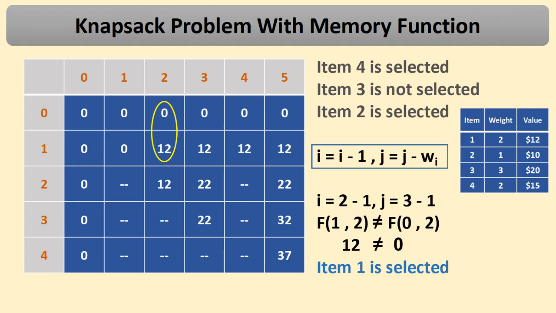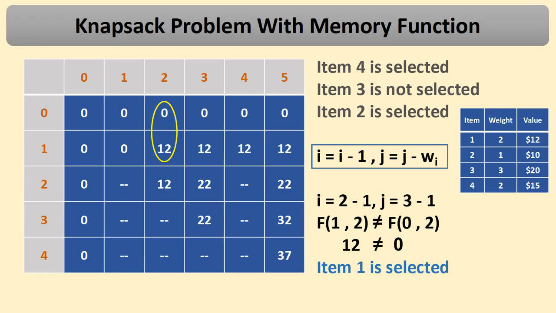Now what is f of i comma j? f of i comma j is f of 1 comma 2. What is the formula to select the item? f of i comma j not equal to f of i minus 1 comma j. If I decrement i, that is 1, what will happen? 0. So now you have to compare the elements present in f of 1 comma 2 and f of 0 comma 2.